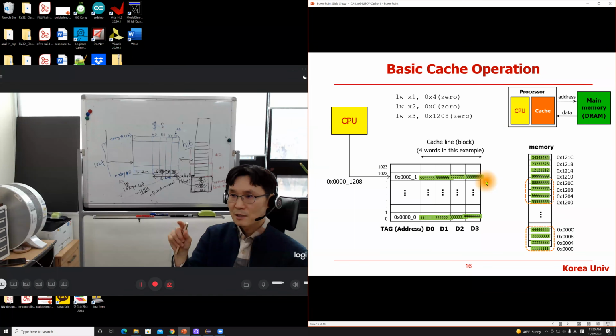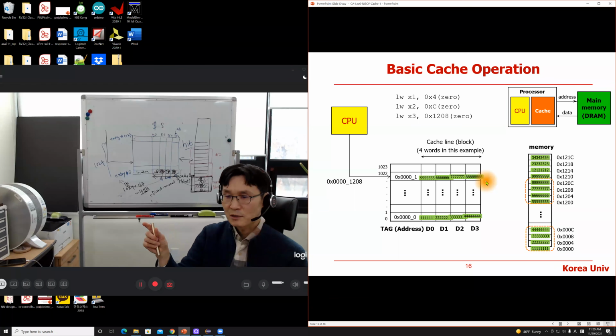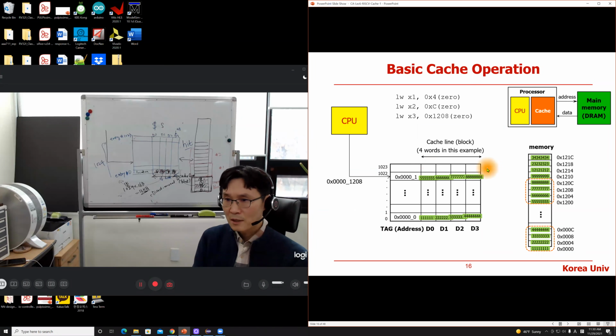Spatial locality: if you access one memory location, you are very likely to access its neighbor data in the near future. So that is why the cache line is long, and when you have a cache miss, the whole memory block containing that data will be placed into the cache, not just the specific data you requested.